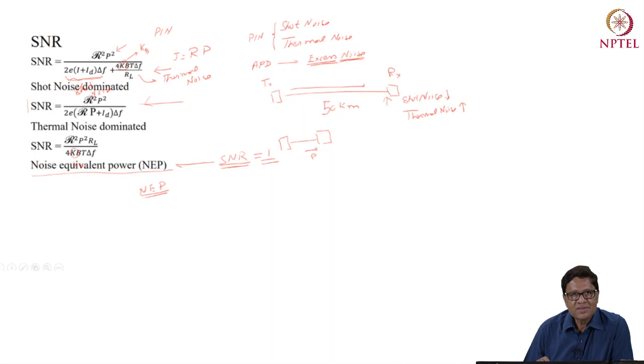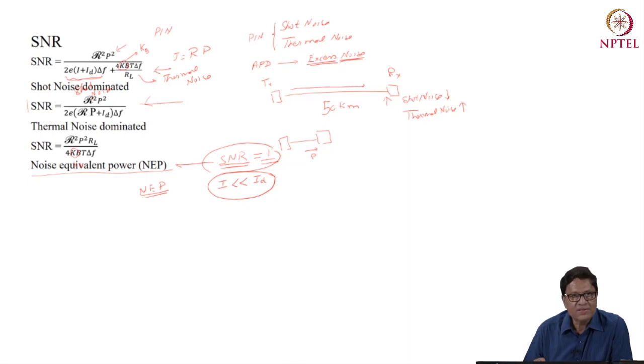Because the signal is very, very low, the current generated, I, is much less than the dark current I_D. So in the expression of SNR we use the inequality I is much less than I_D. Wherever it is I plus I_D, we approximate it as I_D only, because we are trying to calculate noise equivalent power and putting SNR equal to 1.